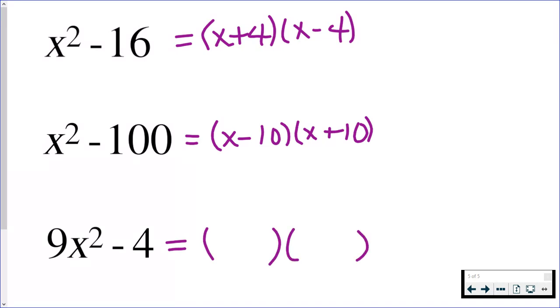So the square root of 9x squared would be 3x. That goes in our first spot. The square root of 4 is 2. That goes in our second spot. And then you always have to fill in opposite signs, and we're done.